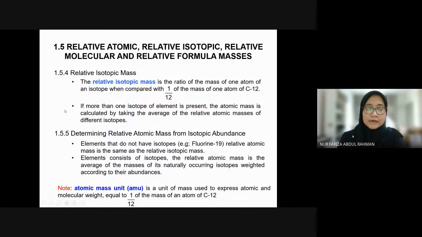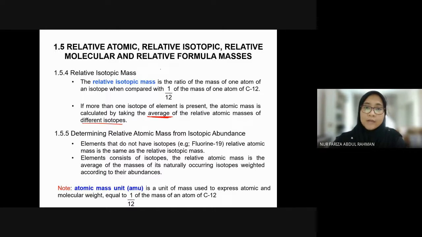Let me just read it again. If more than one isotope of an element is present, the atomic mass is calculated by taking the average of the relative atomic masses of different isotopes.